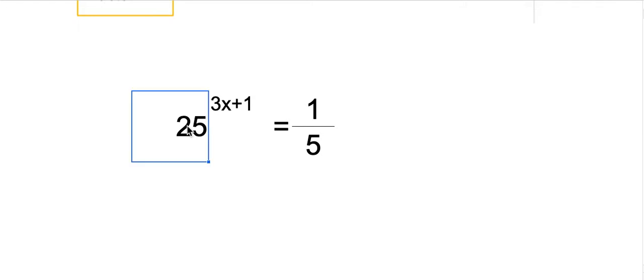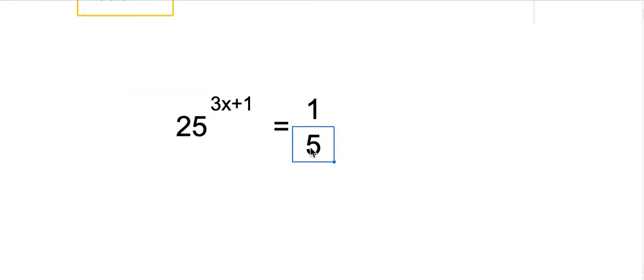What's another way of representing the number 25 with an exponent? Well, you could represent it as 5 squared. And that 5, how can it be represented with an exponent? 5 to the 1. So 25 can be 5 to the exponent of 2, and 5 can be 5 to the exponent of 1. So we could get a common base.